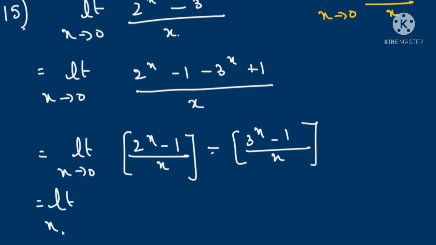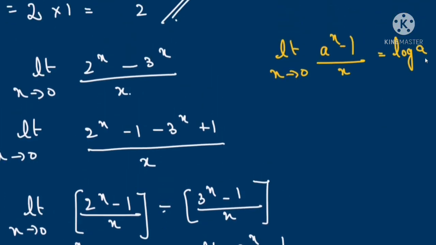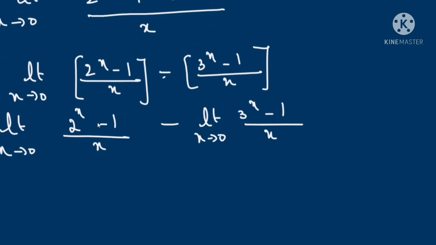Limit x tends to 0, 2 power x minus 1 by x minus limit x tends to 0, 3 power x minus 1 by x. So it is log a. The a is that constant. So here a is 2. So this will become log 2 minus log 3.